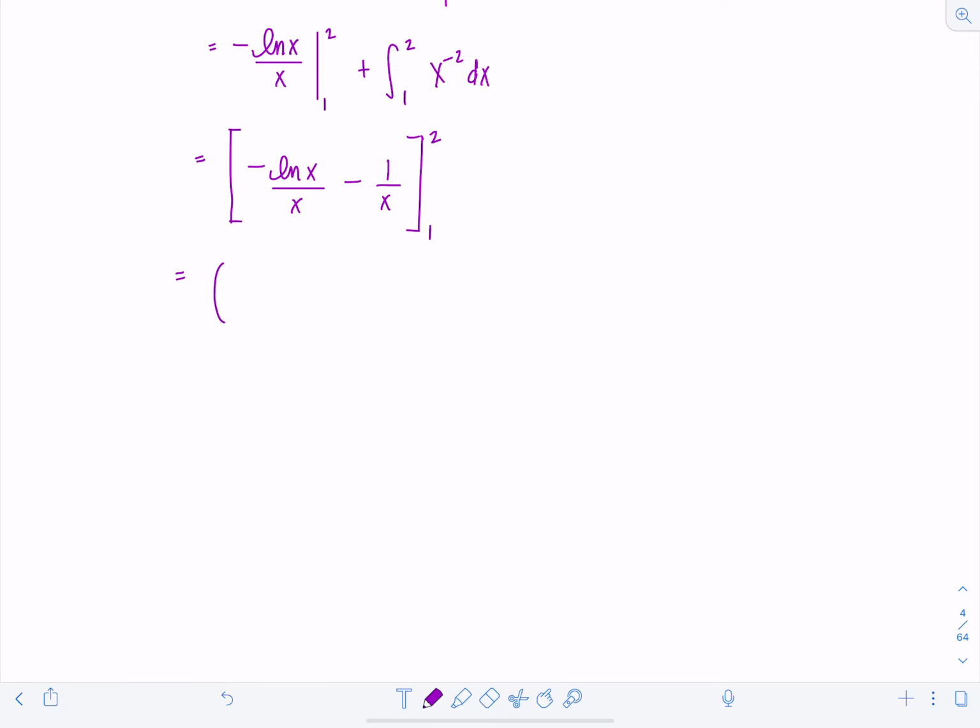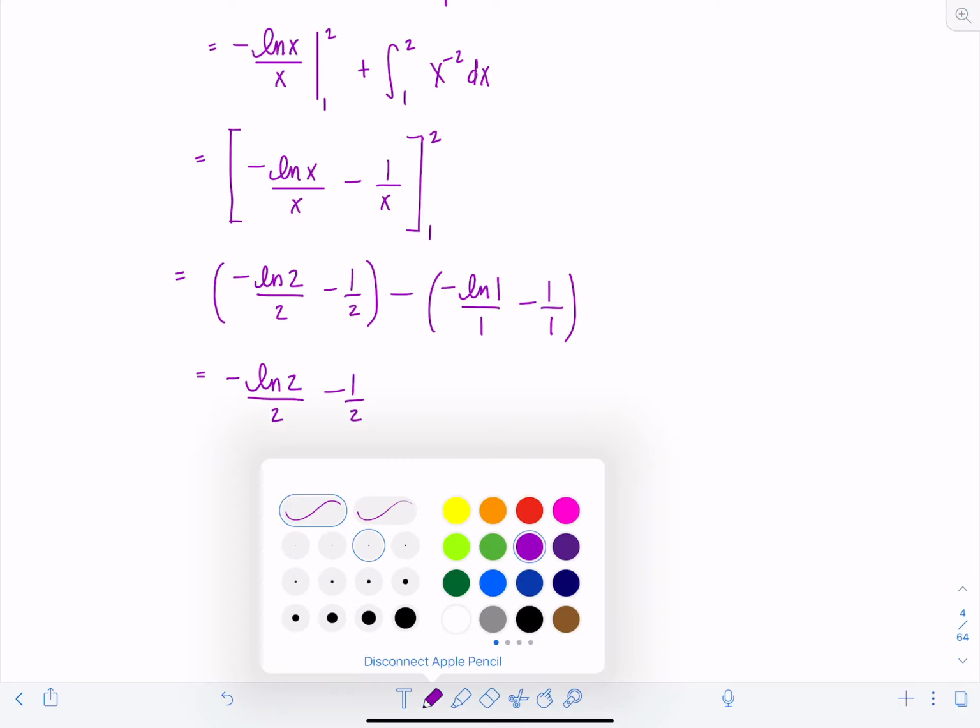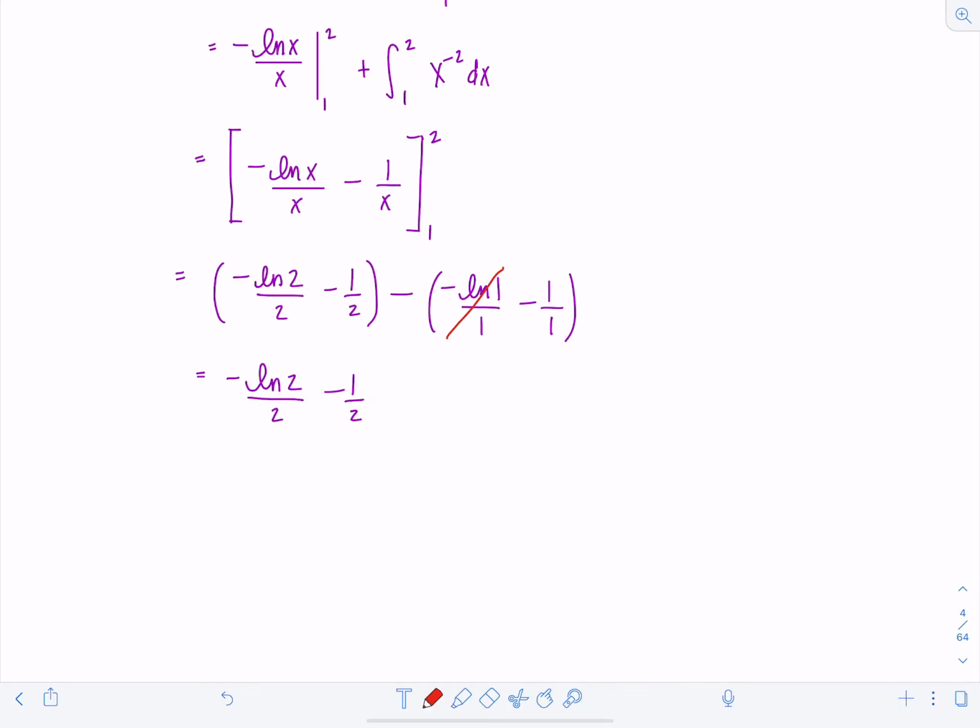Plugging in the upper limit, I have negative ln of 2 over 2 minus a half minus, that's negative ln of 1 over 1 minus 1 over 1. Okay, so this is negative natural log of 2 over 2 minus a half. And then natural log of 1, that's 0, so this guy's gone.